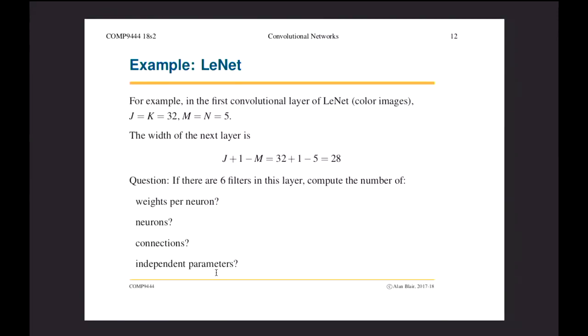So let's look at LeNet as an example. In this case, with color images, those CIFAR images are 32 by 32. Let's suppose that we have filters that are 5 by 5, so M and N are equal to 5 and J and K are equal to 32.